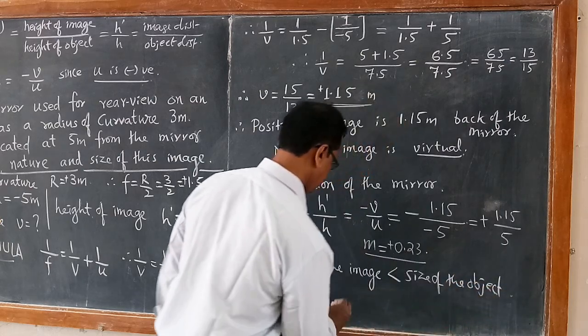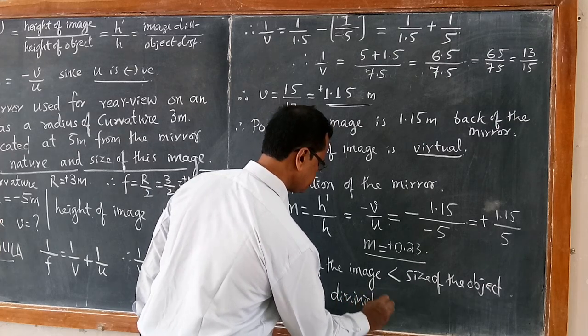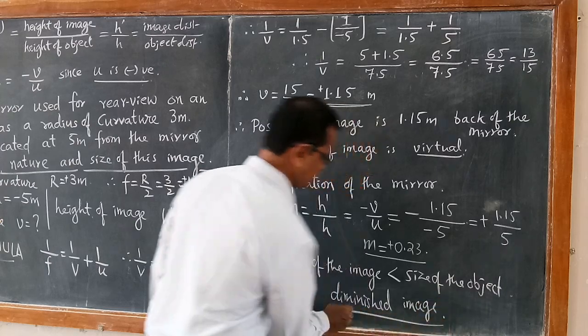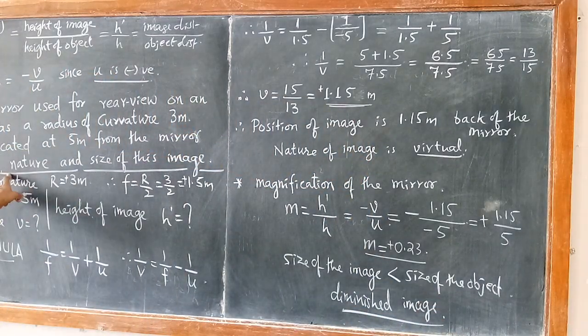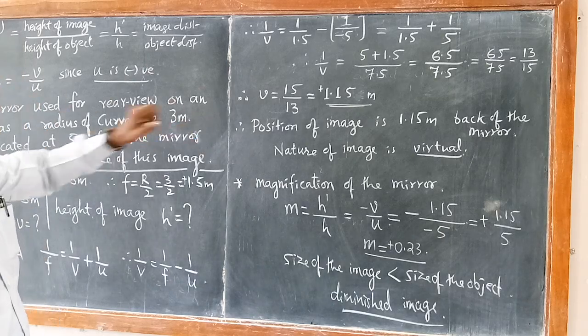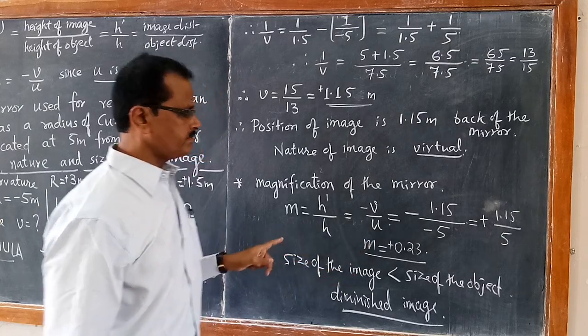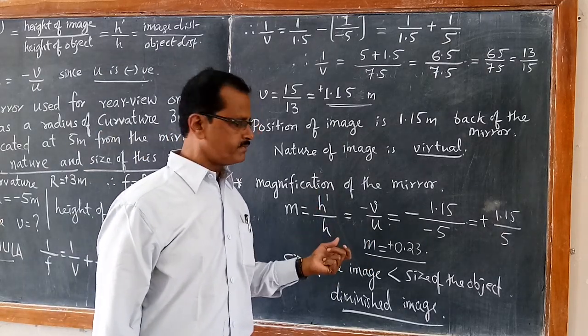Therefore it is diminished image. Thus we get the position of the image 1.15, nature of the image as virtual, because the convex mirror always forms virtual image.